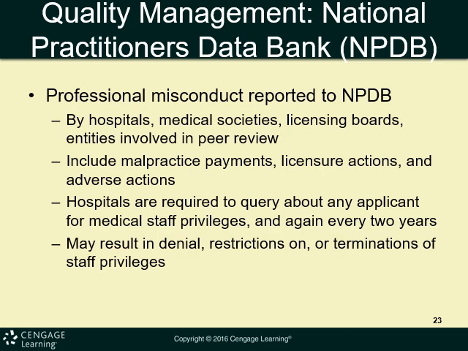Once admitted to the medical staff, the healthcare entity must then continue to query the data bank every 2 years concerning each staff member. This act presumes that receipt of information concerning incompetence or misconduct will result in the denial, restriction, or termination of staff privileges.